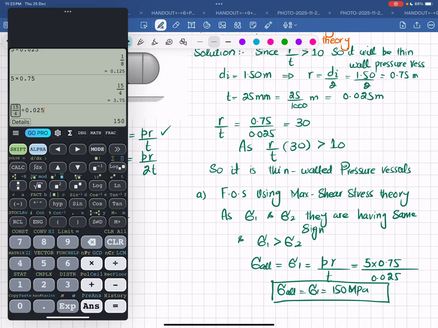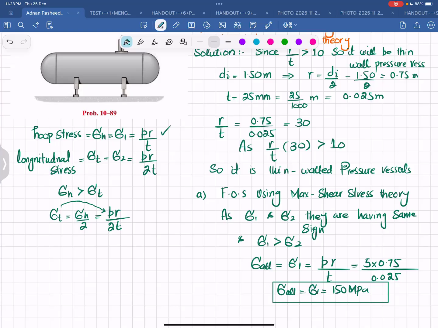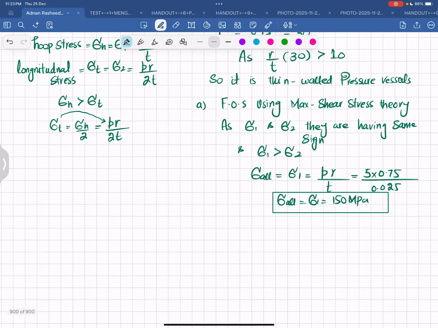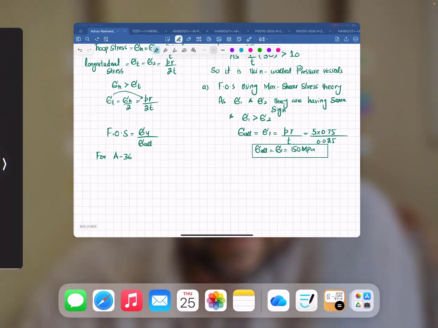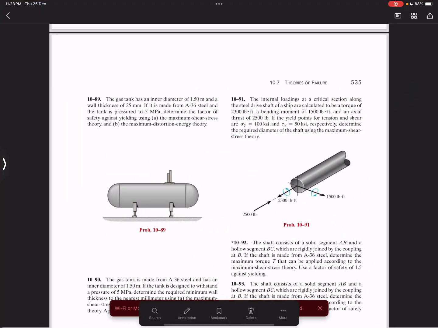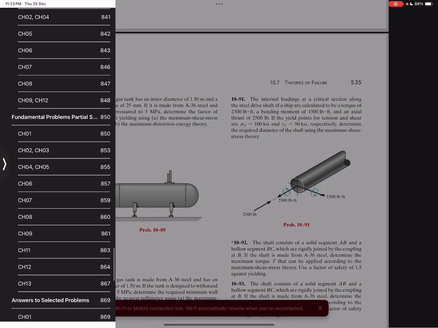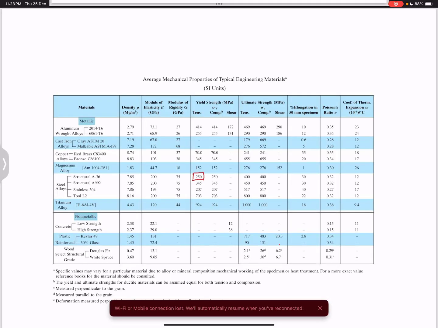Okay, now using maximum shear stress theory, the factor of safety will be equal to yield stress divided by allowable stress. What is the yield stress? For A36, I have to go to the end of the book, the properties table, the average mechanical properties, and the unit should be SI.